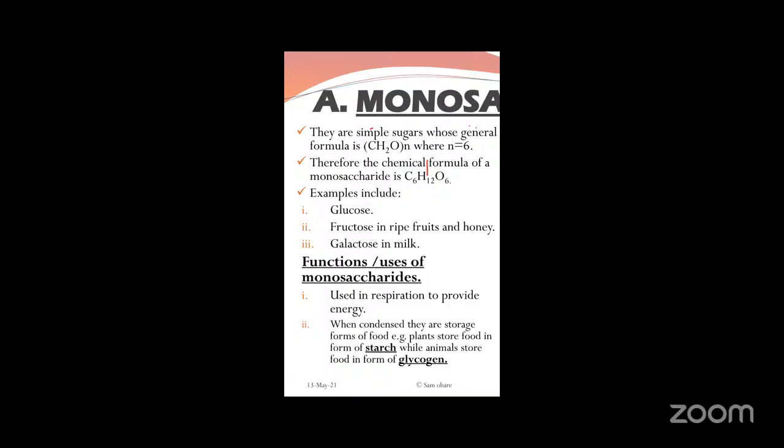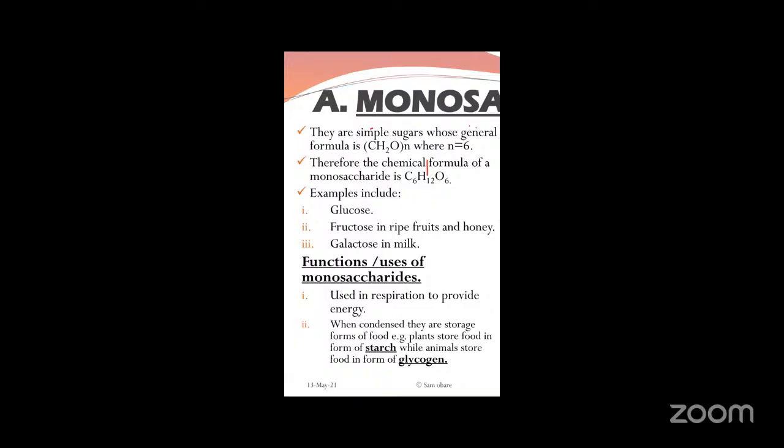The reason why an athlete is given glucose when they have run is so that they can get energy which they have been using for running restored. Or even in case they want to continue performing at the highest level, they need more energy, and that energy will come from glucose. So therefore, glucose or a monosaccharide is used in respiration to produce energy.